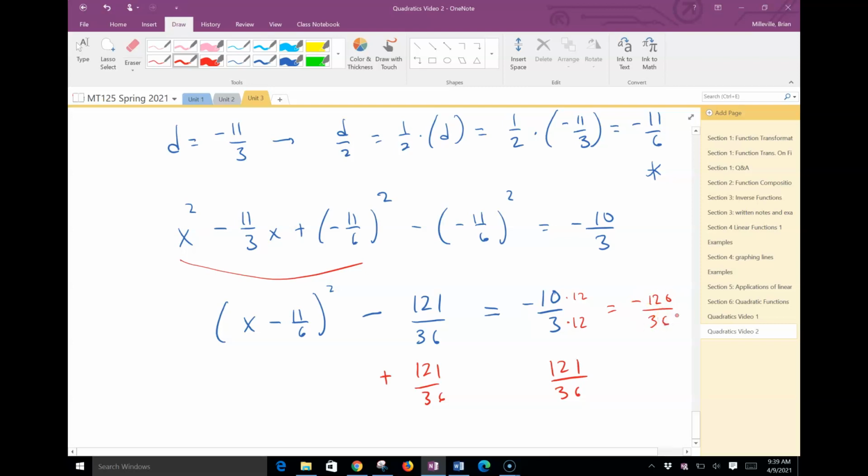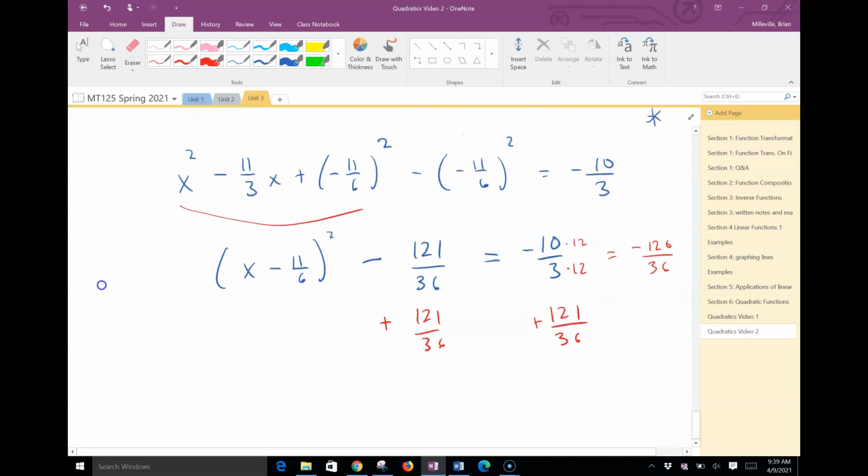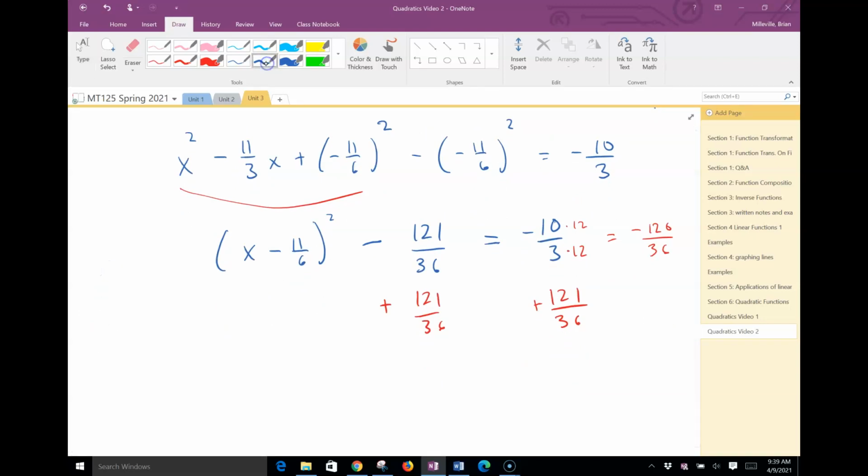All right, now when we add 121 to the negative 120 over 36, our right hand side now becomes positive 1 over 36. Right, so our denominator stays the same. Adding our numerator, we get 1 left over there. And then we have x minus 11 over 6 squared.